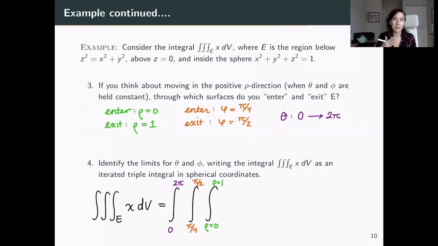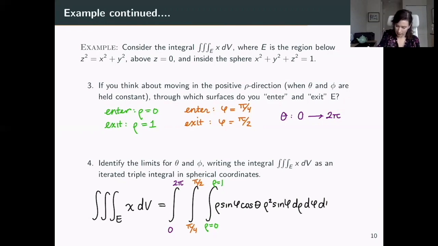Lastly, we need to fill in everything in terms of our spherical coordinates. So x is going to become rho sine phi cos theta. And dV, again, is that complicated expression: rho squared sine phi, and then d rho, d phi, and d theta, making sure that this order is consistent with the order on those limits of integration.